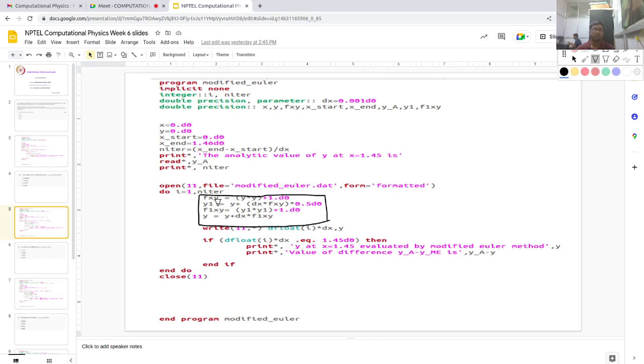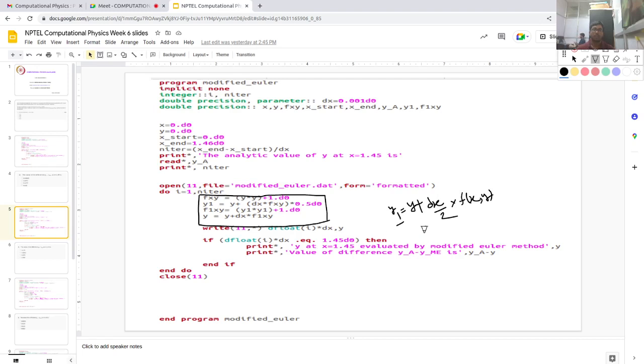Then I am updating a value in y1, that is y plus dx into f of x, y times 0.5d0. So let's say we have a value of y1 which will be y plus dx, which will be the step size, by 2 into f of x, y. Okay, so this will give you the y1 value.